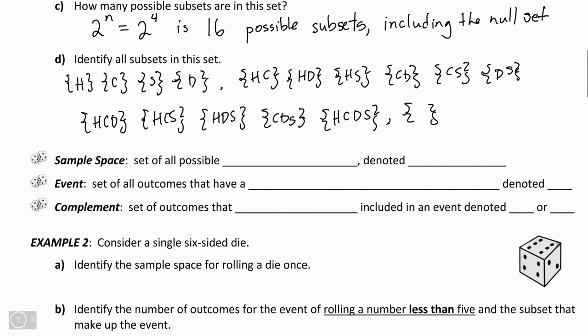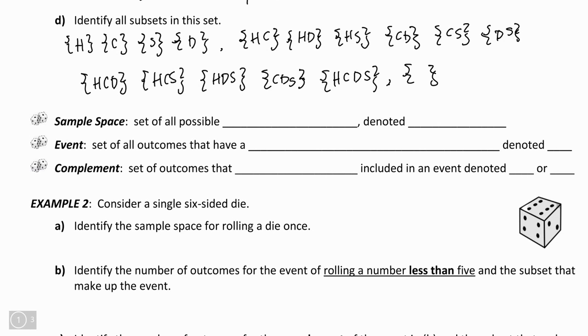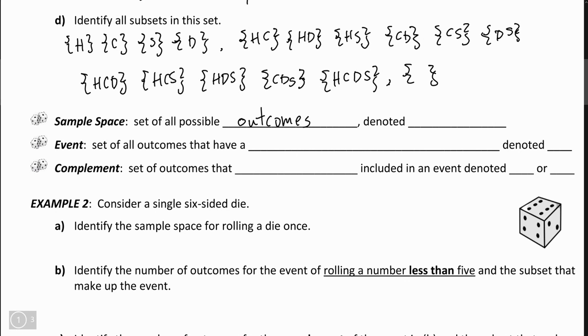Okay. Next definition, sample space. The sample space is the set of all possible outcomes. Think of our classroom again. Our classroom might be a set, but the school could be an entire sample space because the school contains many, many more students, many more names.